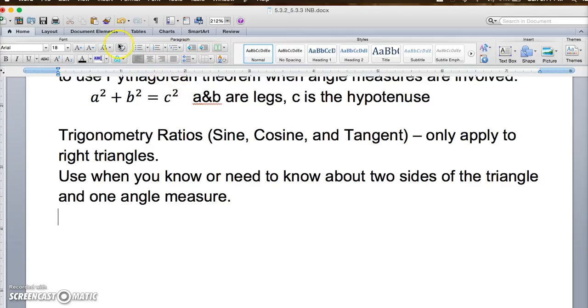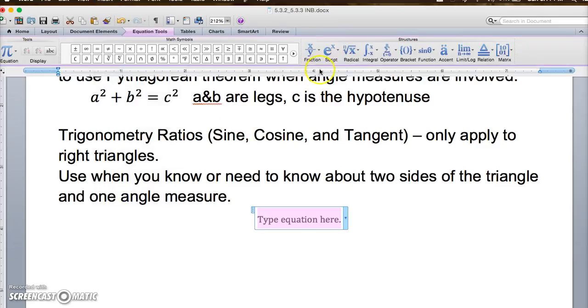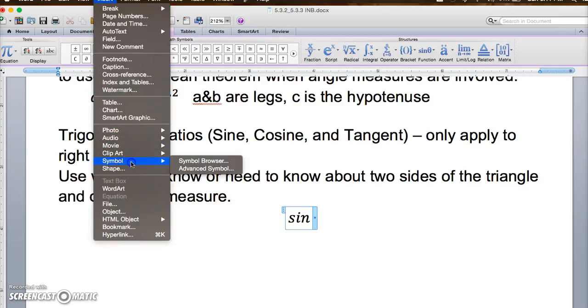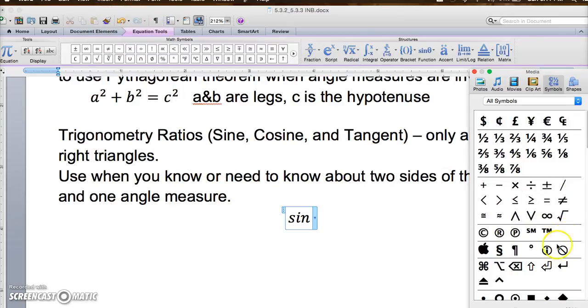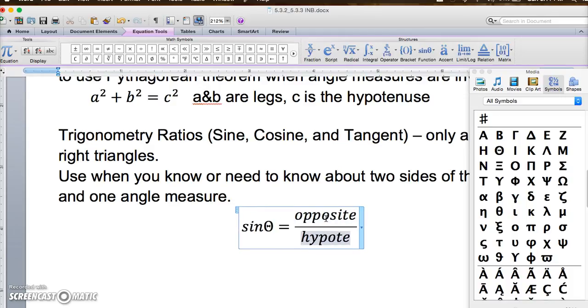Alright, just for a refresher. Sine theta equals opposite over hypotenuse.